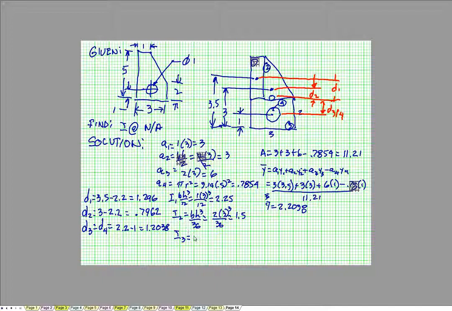Moment of inertia 3. BH3 over 12, the base is 3, the height is 2, and that is 2. Moment of inertia 4, pi r4 divided by 4, 3.14159 times 0.5 to the 4th over 4. And that is 0.0491.